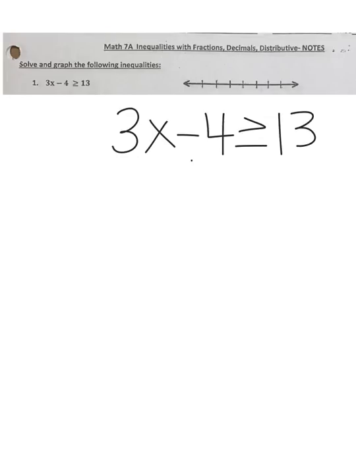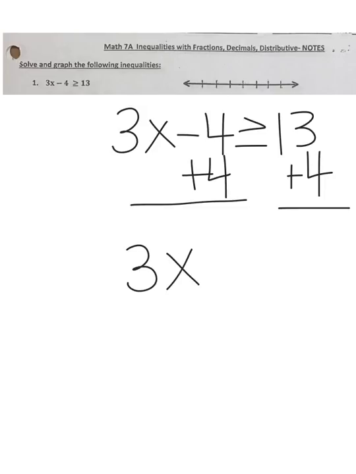We have 3x minus 4 is greater than or equal to 13. So to start, we need to add 4 to both sides, which leaves us with 3x greater than or equal to 17.